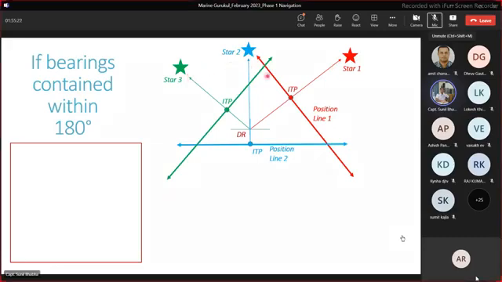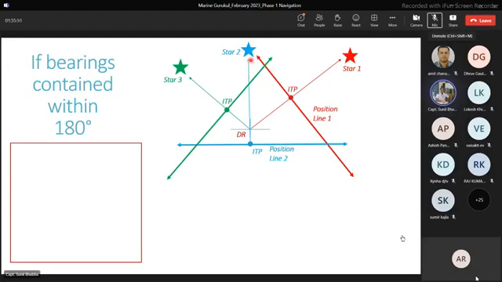Now if you look at the stretch of the bearings, you will be able to understand that the red color star is at one extremity, at one end of the stretch. The green color star is at another end of the stretch, and this blue color star lies in between star number 1 and star number 3. This star is known as the middle star.